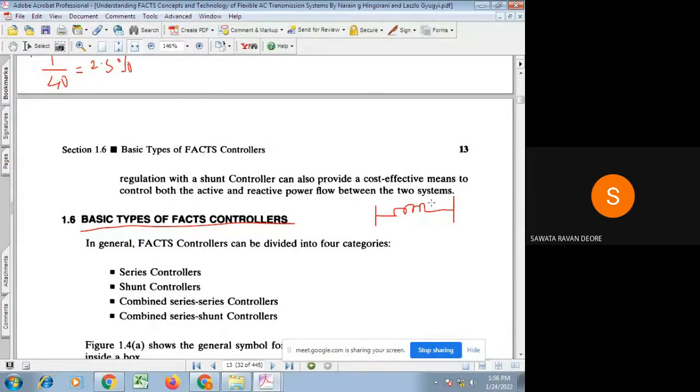If I am connecting some FACTS controller in series with the transmission line, then it is called a series controller. If I am connecting that FACTS controller in shunt, here is some FACTS controller that I am connecting in shunt, means in parallel with the bus bar with respect to ground.